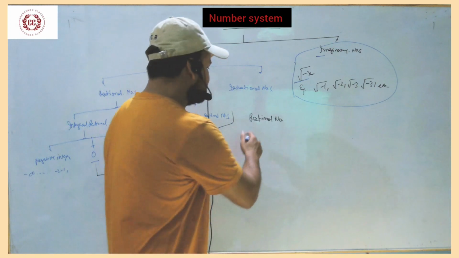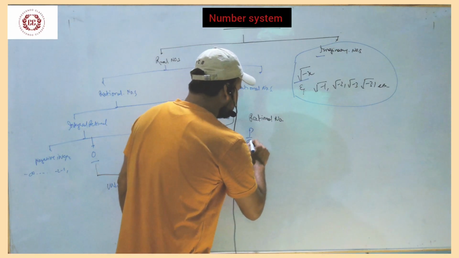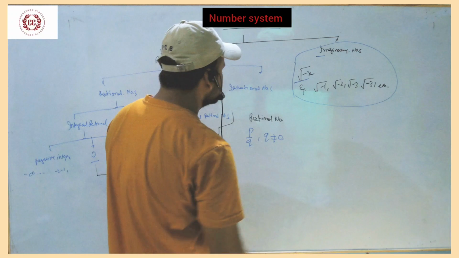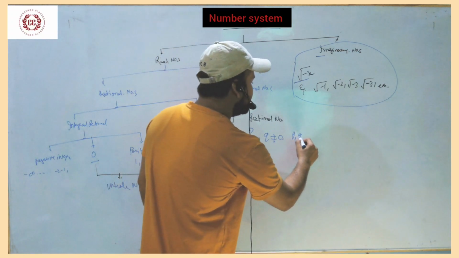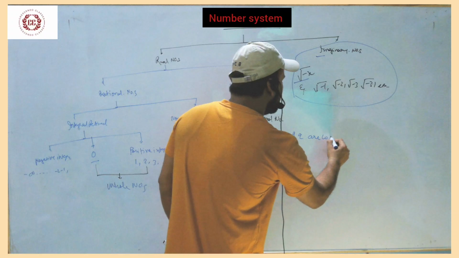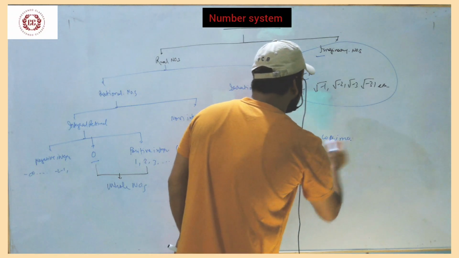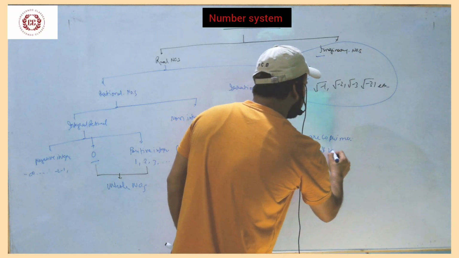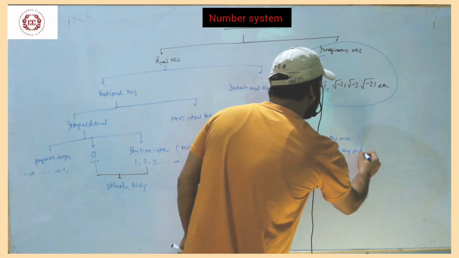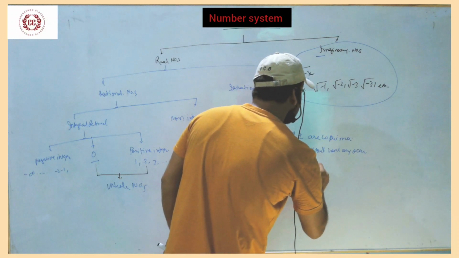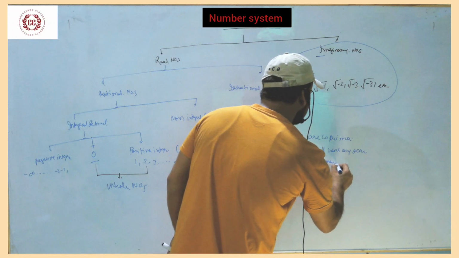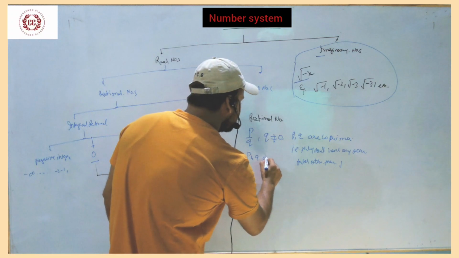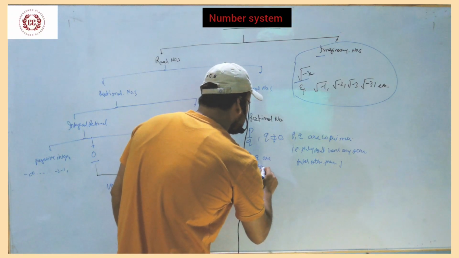We can see this in this way: any number of the format p by q, where q is not equal to 0, p and q are co-primes, that is, they don't have any factor other than 1, and p and q are integers.